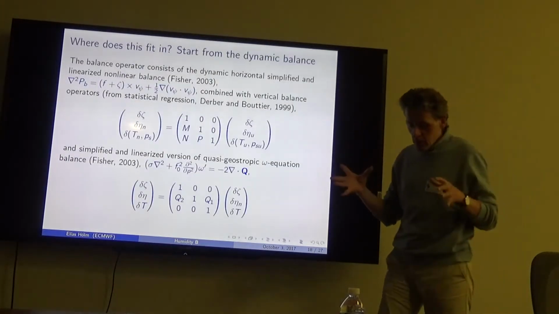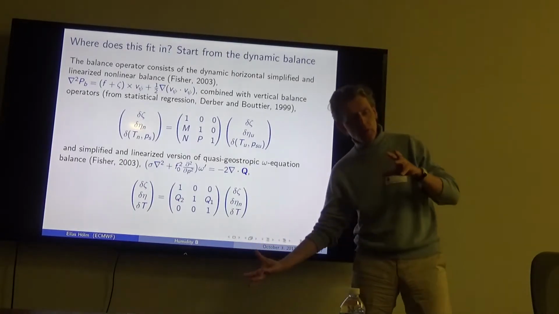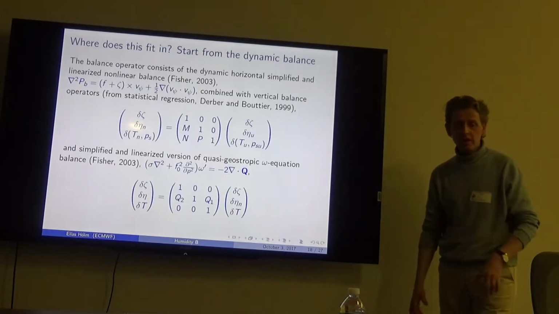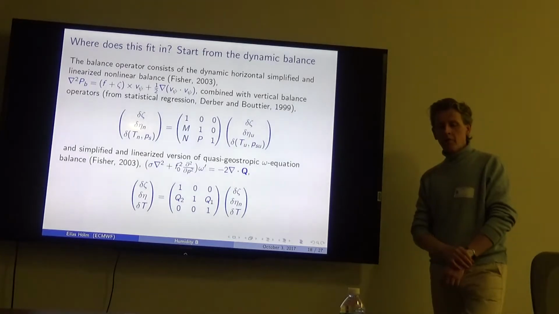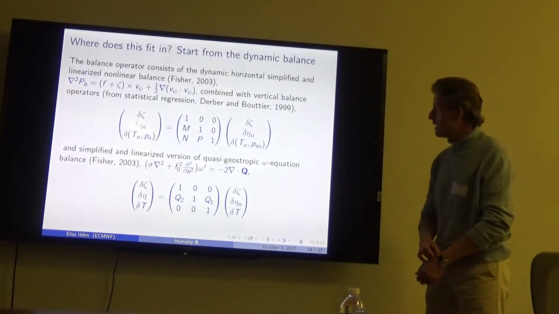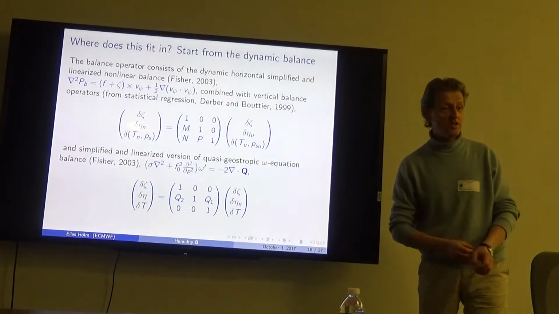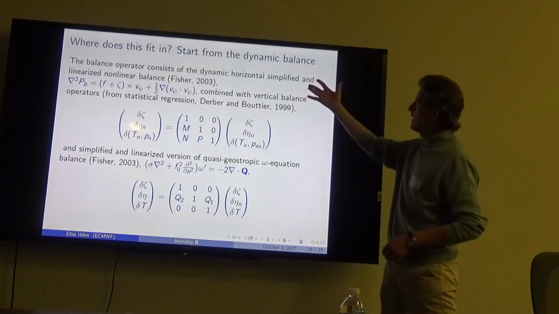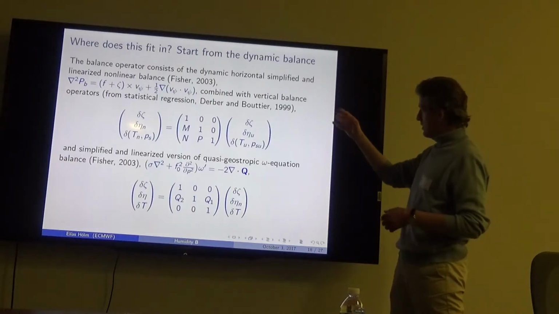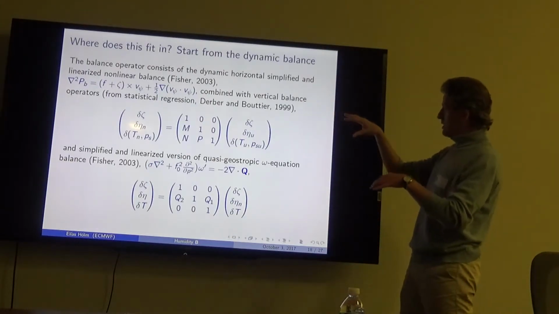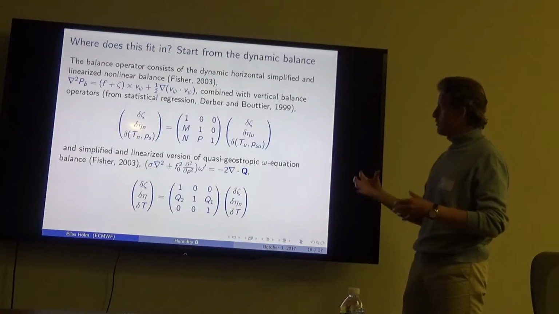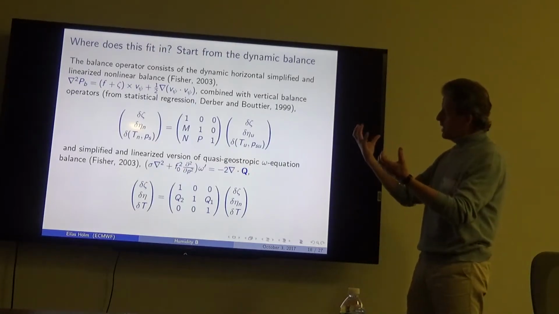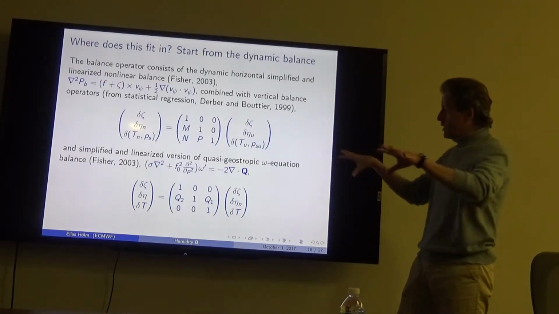But I want to put this in context now. Get this in context with the dynamics. So where does this fit in? So you may or may not know, I think John Durbin knows very well, because he is the one who originated this. So our balance operator consists, we have a horizontal nonlinear balance, we have some vertical statistical regression, and we have some quasi-geostrophic omega equation.